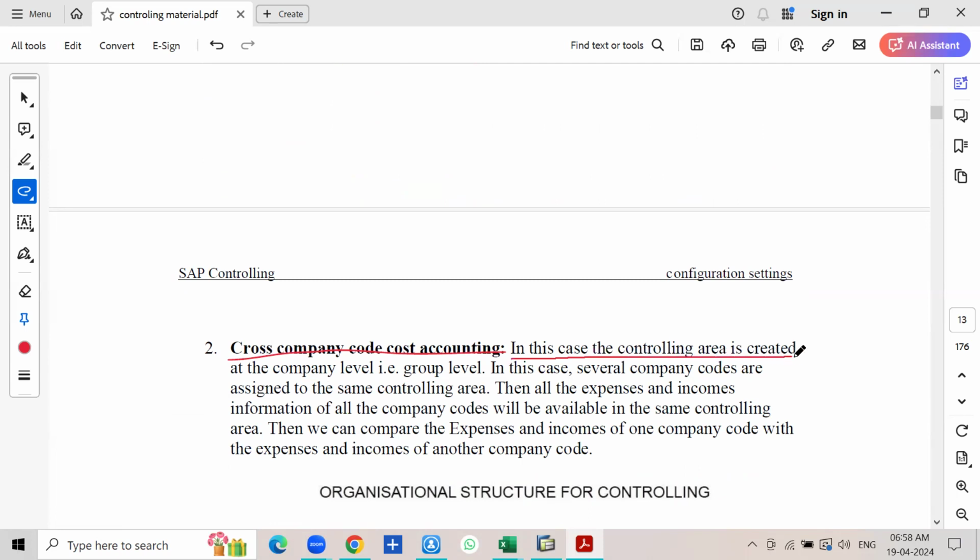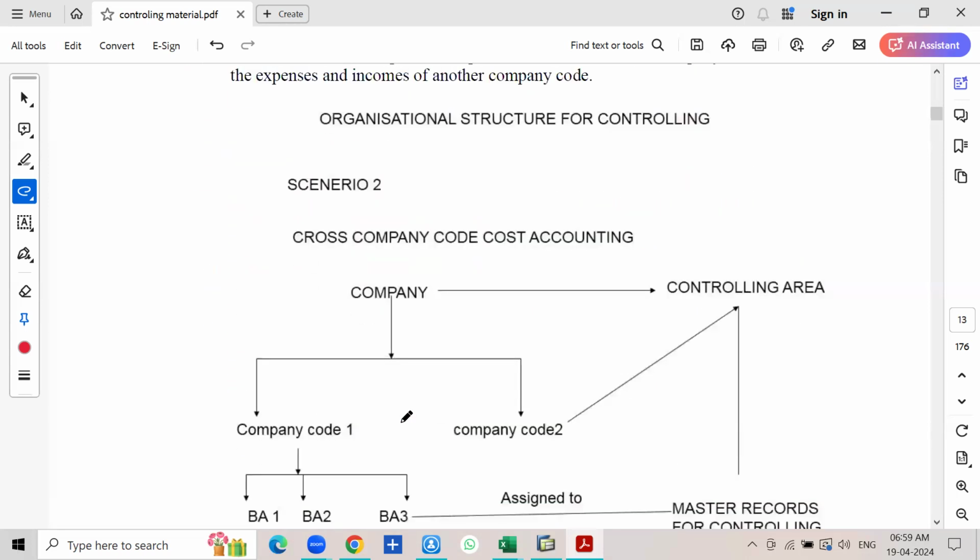The second scenario is cross company code cost accounting. In this case, the controlling area is created at the company level. See, under the company, we have 2 company codes, company code 1 and company code 2. So we define the controlling area at the company level. Defining the controlling area at the company level means all the company codes of the company will be assigned to the same controlling area.